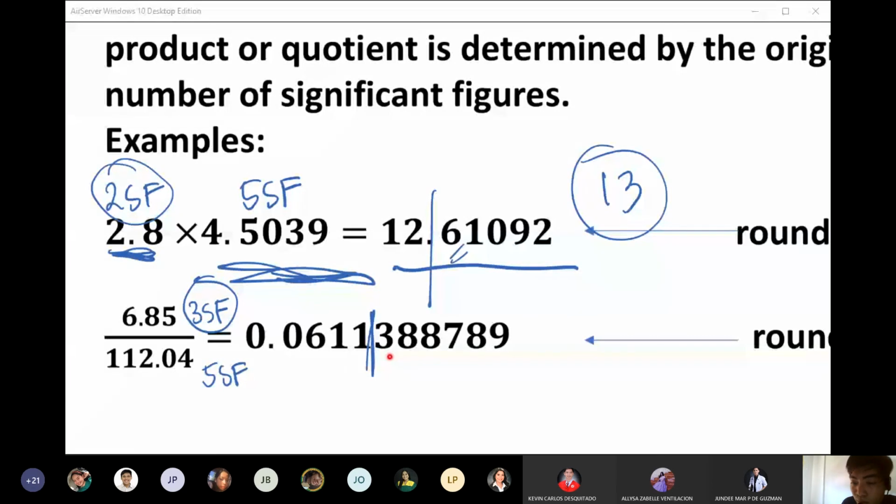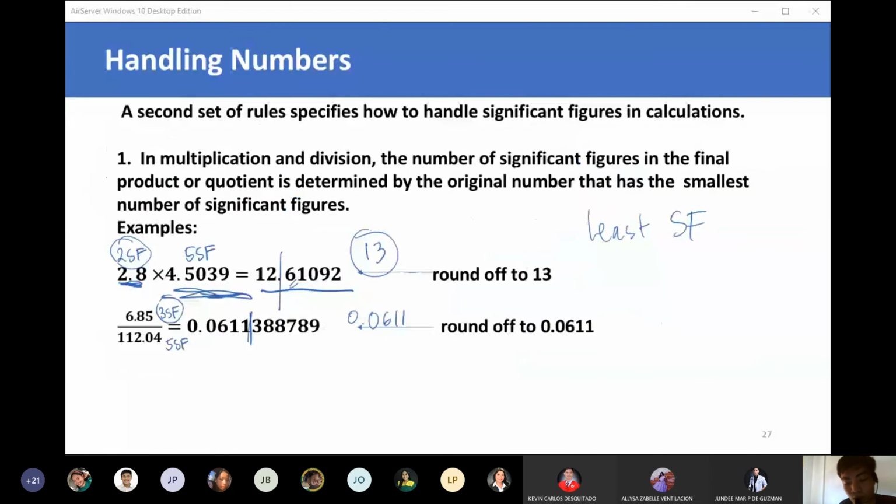Then let's look at the number at the right side. This is 3, so this is less than 5. So we can round it down, or just simply neglect it. So we will write our final answer as 0.0611. Those are the rules for multiplication and division.